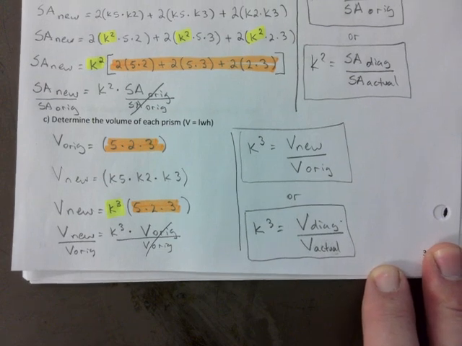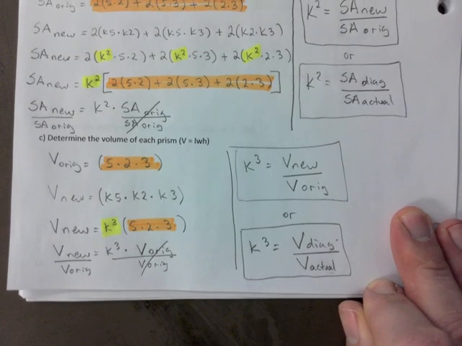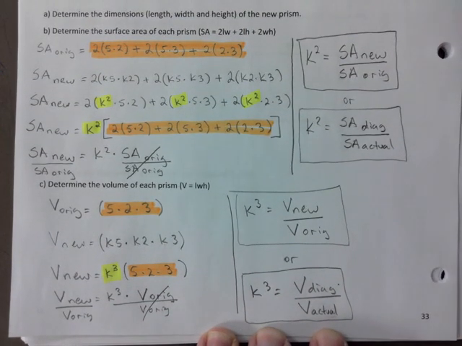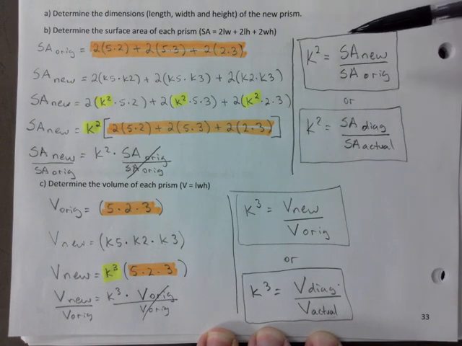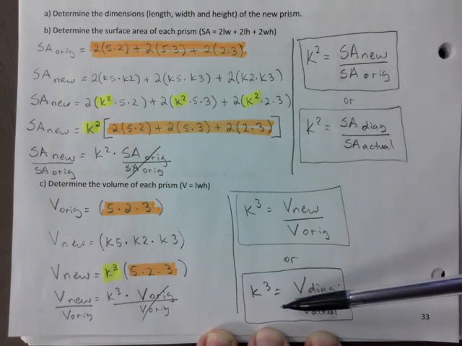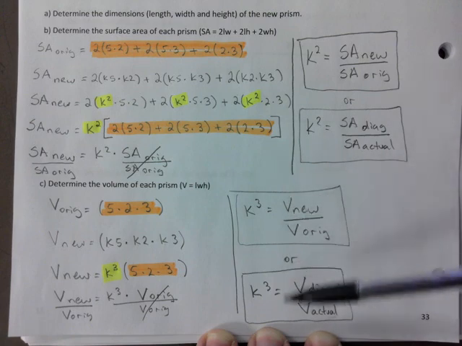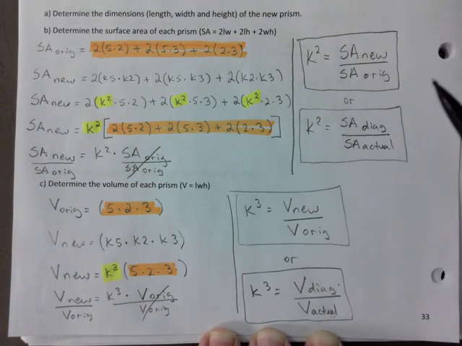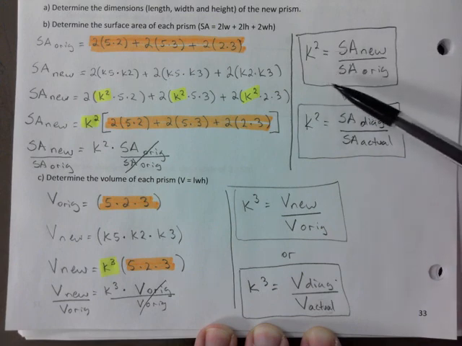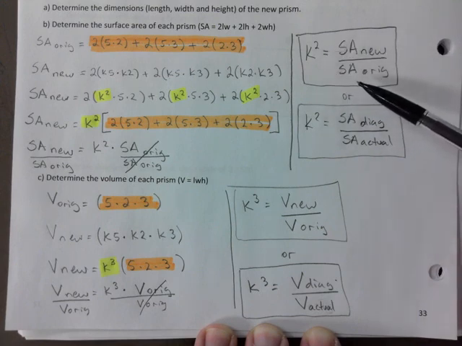Now, I want you to remember something. When the question is dealing with areas or surface areas, you want to be thinking of one of these two formulas. If it's talking about volumes, you want to be looking at one of these two formulas. And in the question, you will have to know at least 2 out of the 3. Okay, guys? 2 out of the 3.